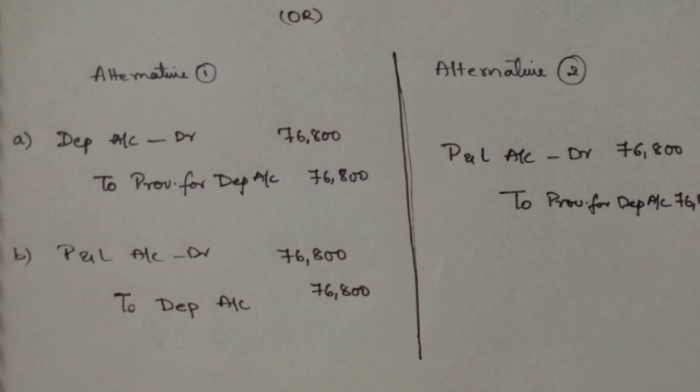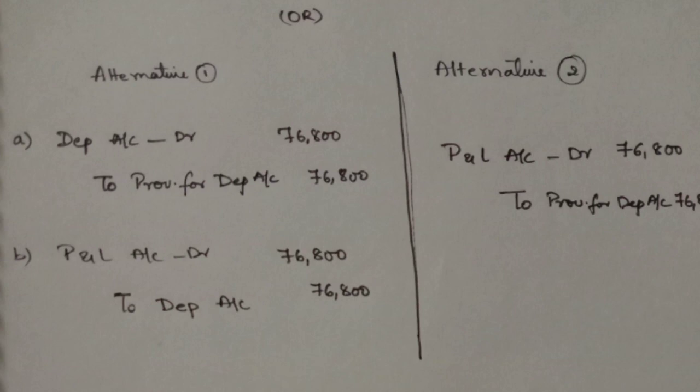So ultimately you will be left with P&L account on the debit side and provision for depreciation on the credit side, right? Or else you can record the direct entry, one entry, that is P&L account debit to provision for depreciation account. That is 1,08,000. So the next one is for the year ending 31st March 2006, same like that only.